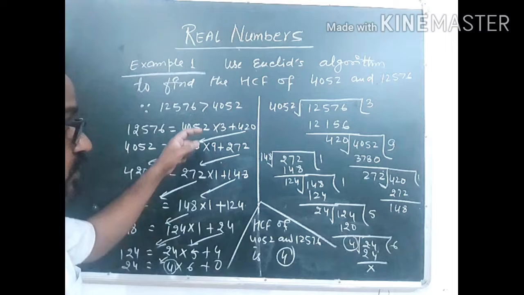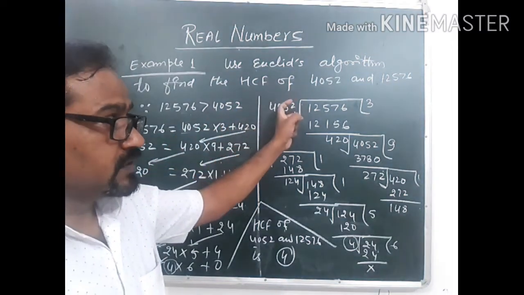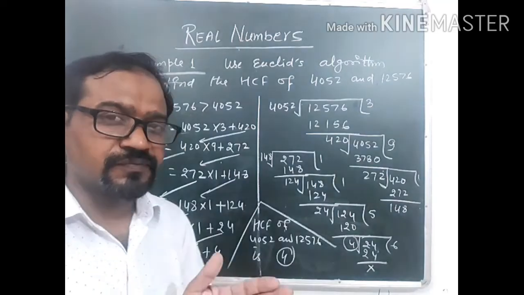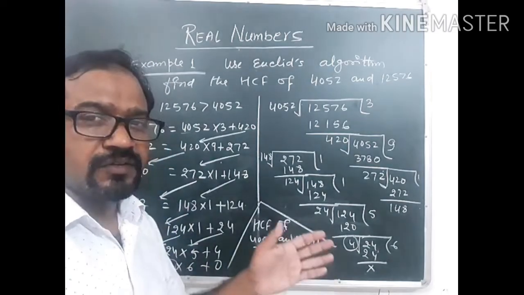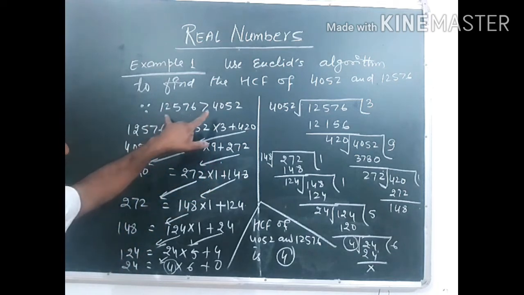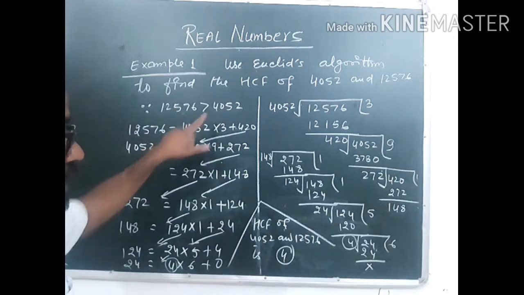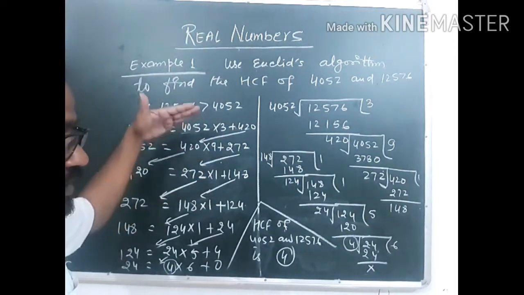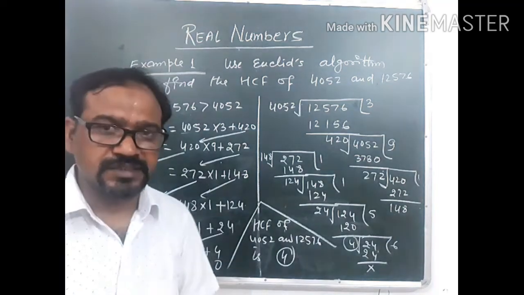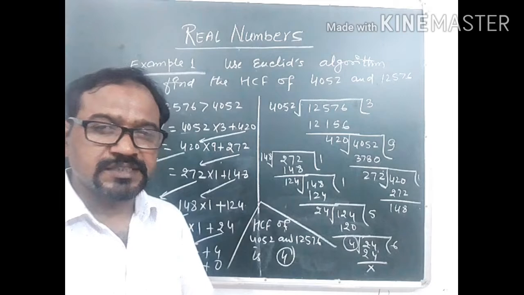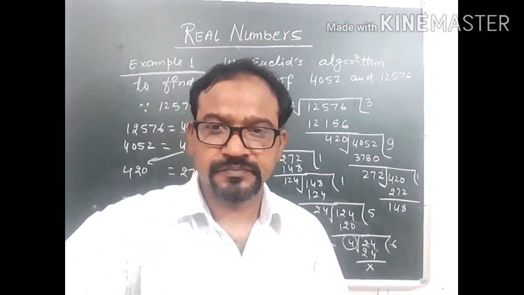So we use the Euclid division algorithm. Algorithm means we use a series of steps to find the solution of any problem. Here we have to find the HCF of these two numbers, so we are using the Euclid division algorithm to find the HCF. Our last divisor is the HCF of these two numbers.